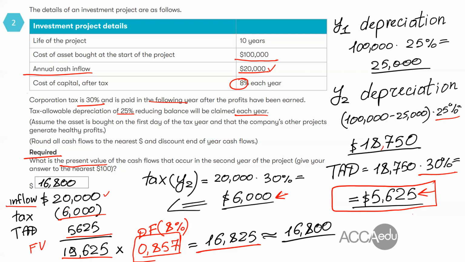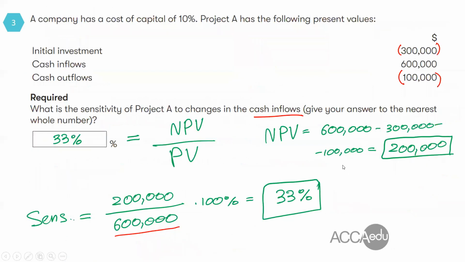But be very careful, because in the question we are asked to give the answer to the nearest $100. So if you write 16,825, you're going to get it incorrect because this is not rounded. The rounded version is going to be 16,800. This is going to be the correct answer. So be careful with the wording of the task.